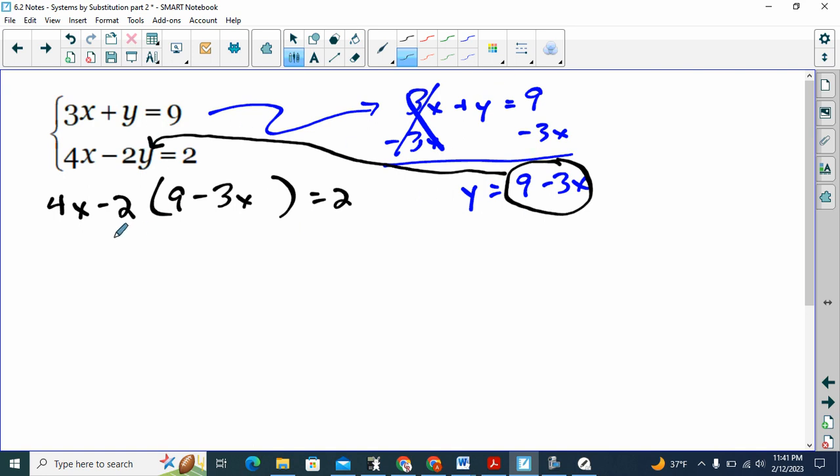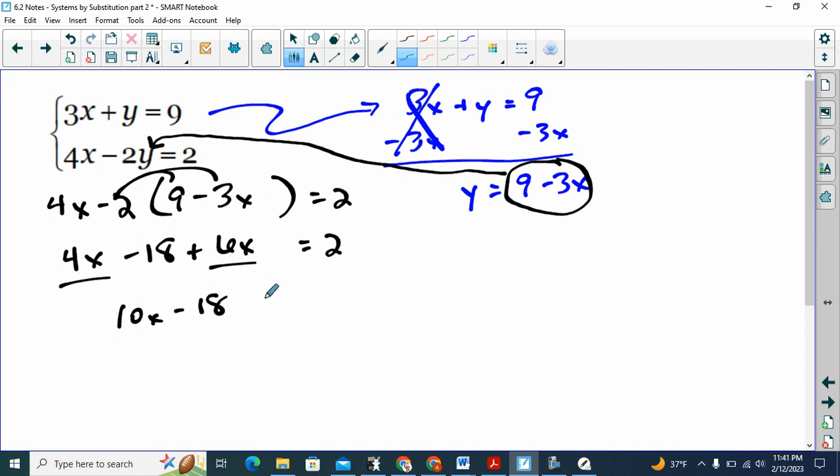And now this equation looks almost exactly like any of the others. It's 4x, distribute, minus 18, negative times negative, that's positive. Combine up your like terms, add 18.